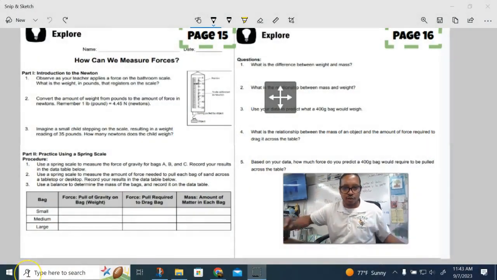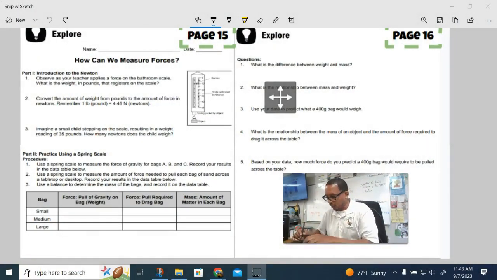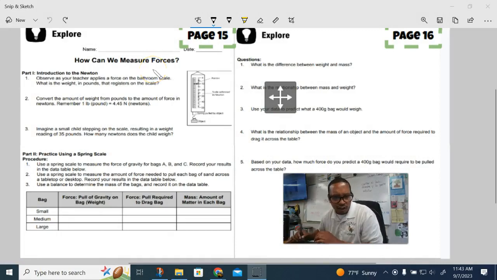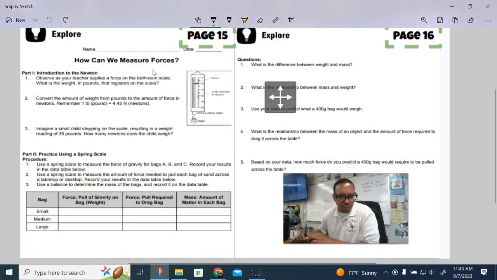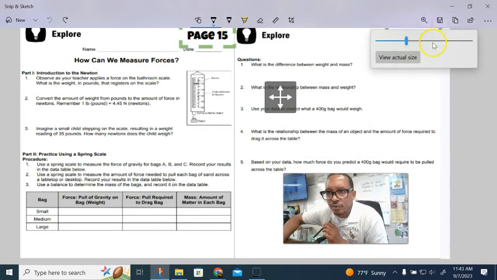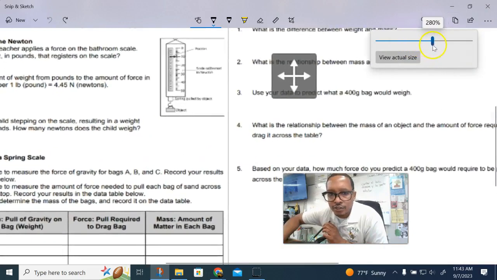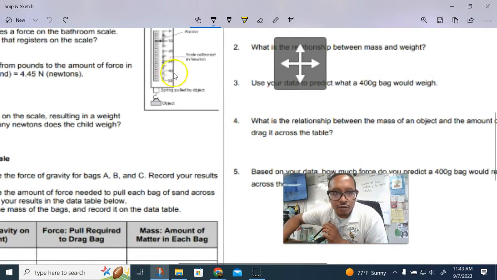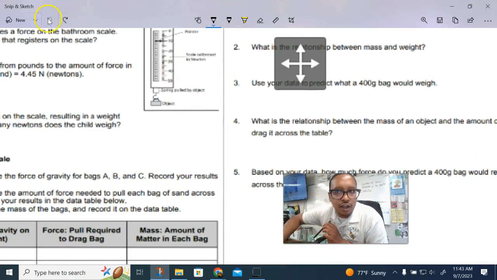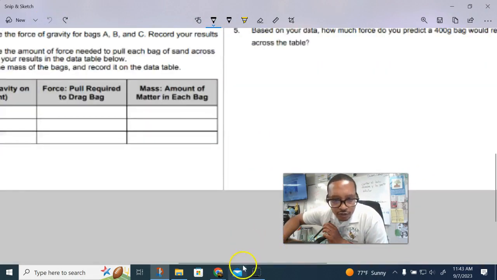So I'm going to go, let's see if I can get this to work right. All right, so there we are right there. Actually, you know what? I think we can make this zoom in a little bit more. I think it'll be easier. Oh, there we go.